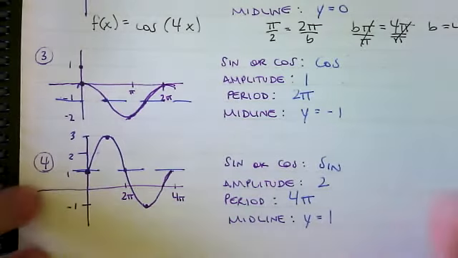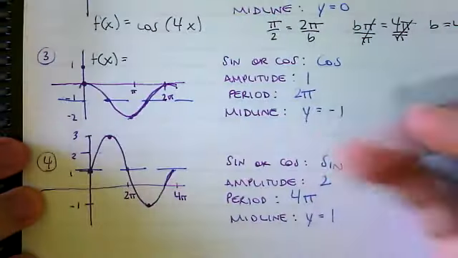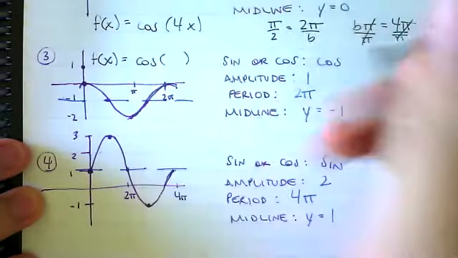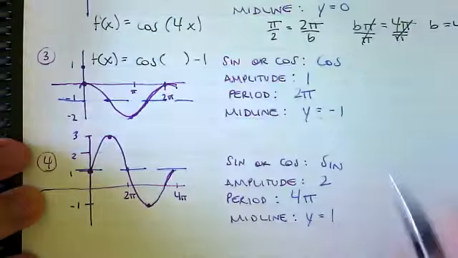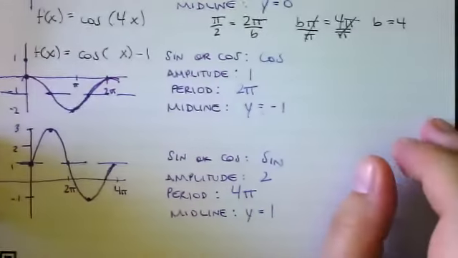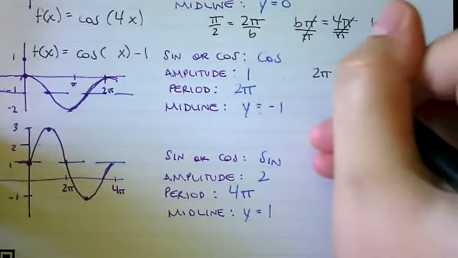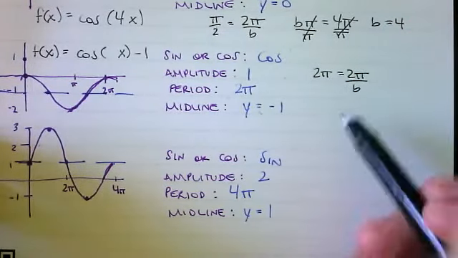For question number 3, we have f of x equals, we know that it's cosine. I know that my amplitude is 1. So I need to find that B value, and then this -1 is just my C, so I've got that. So all I have to figure out is B right now. So here's the period, 2 pi equals 2 pi over B. And for this one, we already actually did that.